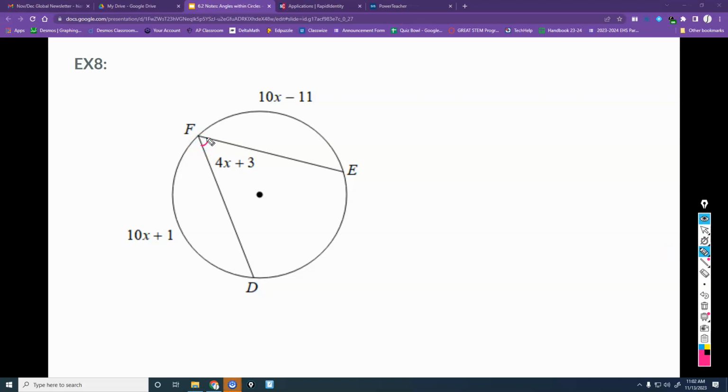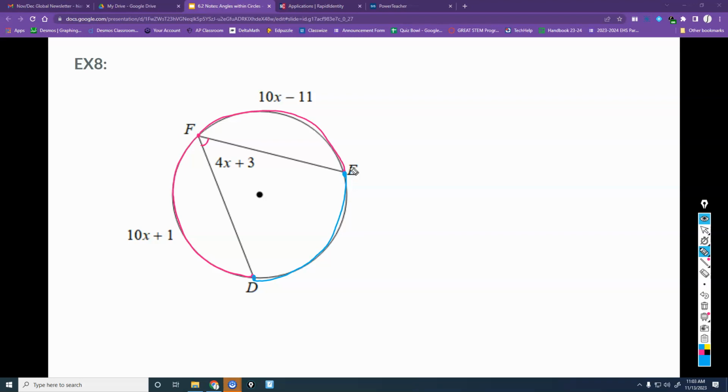So, I know that all of the arcs have to add up to 360. Do I have all of the arcs right now? I do not, but I've got this piece, and this piece, they've already told me the arcs, right? I need to know what this arc right here would be. What would I do to find that arc?